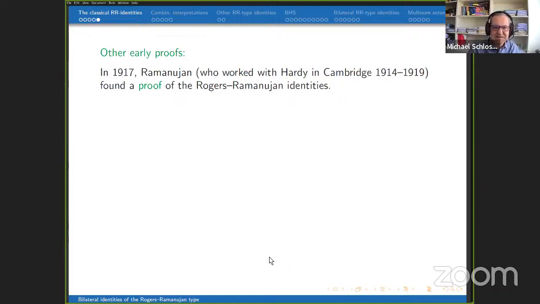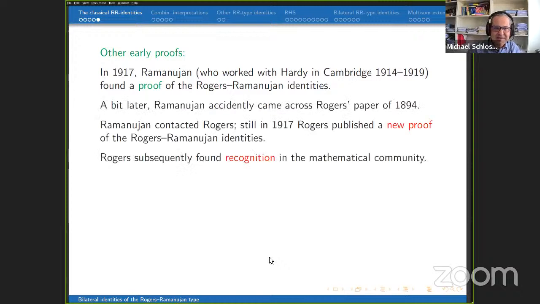Okay, so Ramanujan was still in Cambridge until 1919, and then passed away unfortunately in 1920. He himself found a proof of these identities. So Hardy was really strongly insisting that Ramanujan should also find proofs of his identities. So Ramanujan was able to do that.